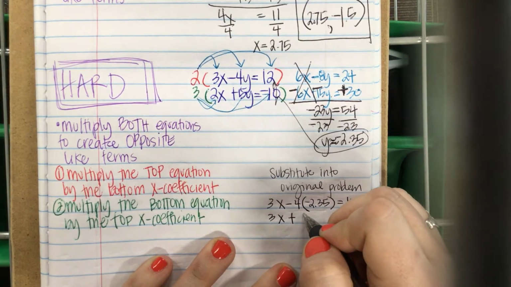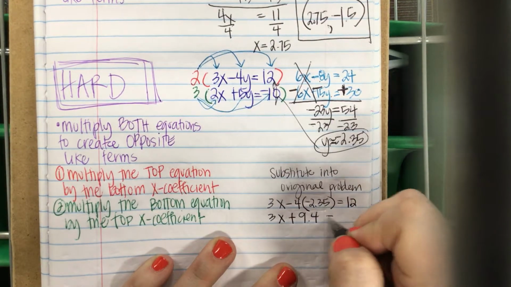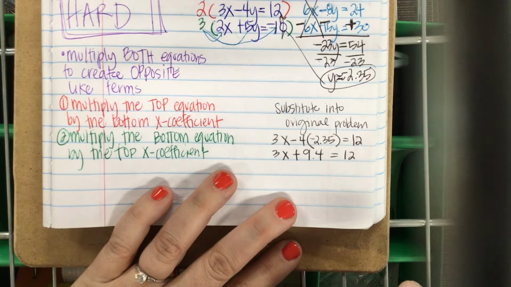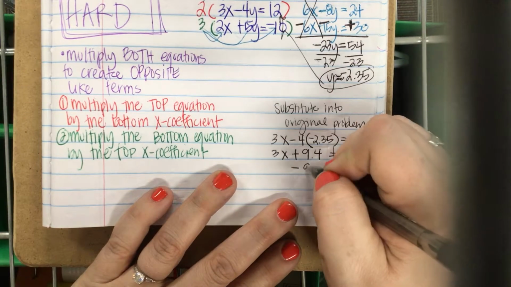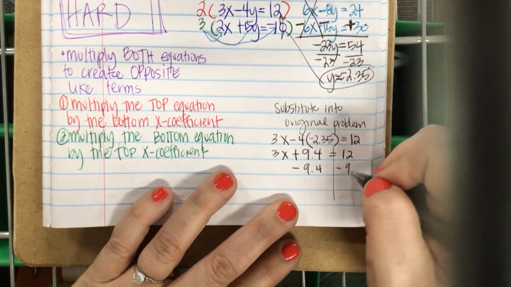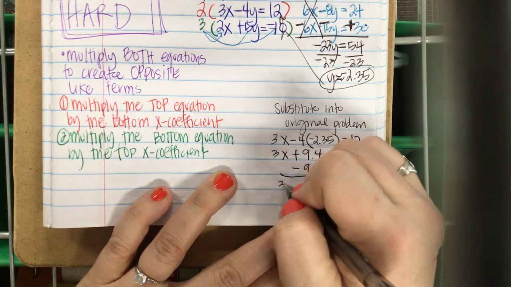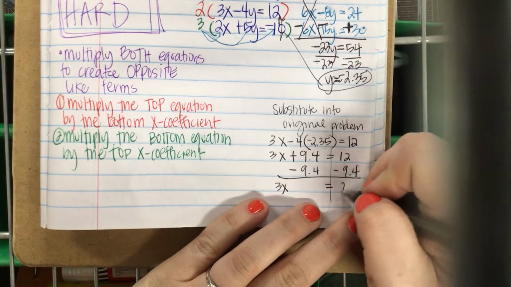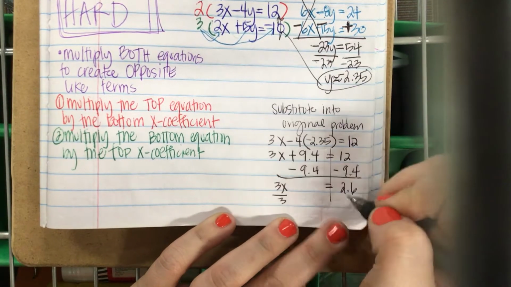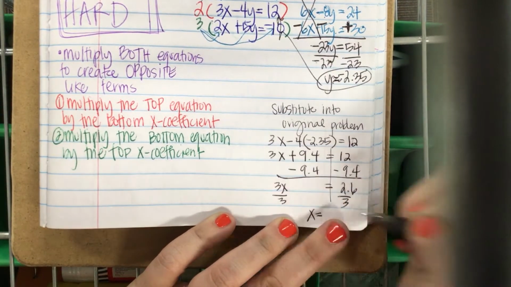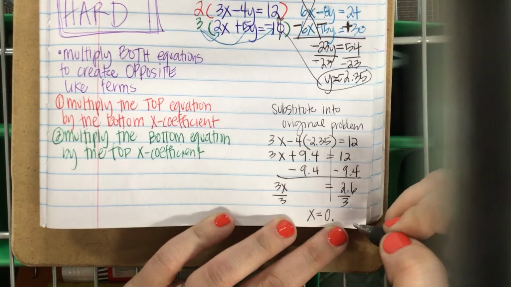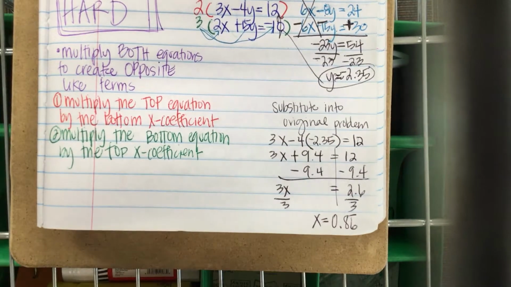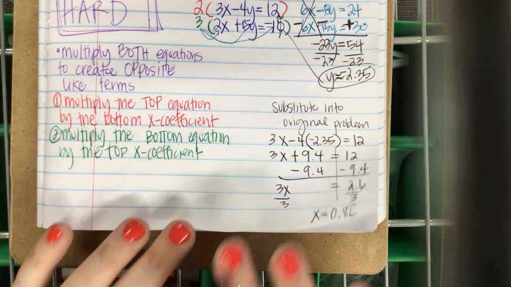Plus 9.4 equals 12. Minus 9.4. 3x equals 2.6. Divide by 3. It's another decimal. What did they tell me last hour? 8, 6 repeating.